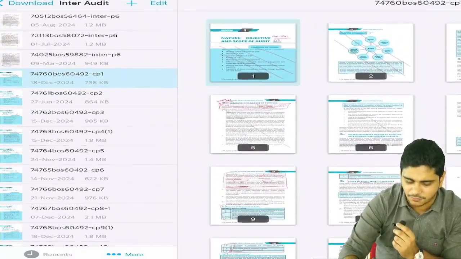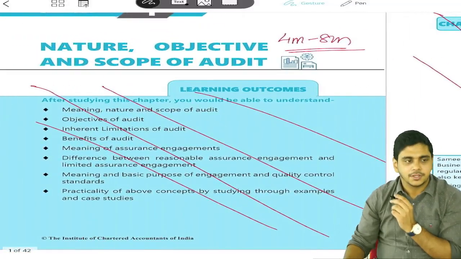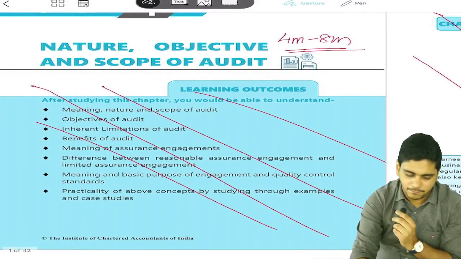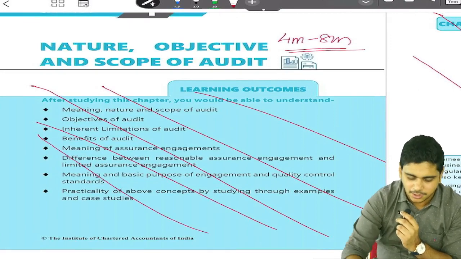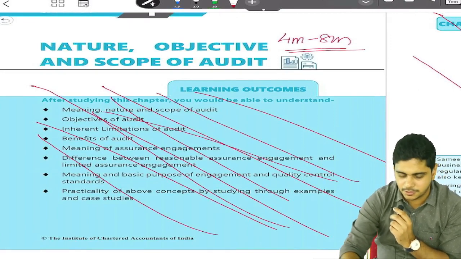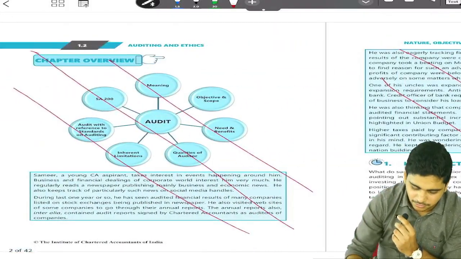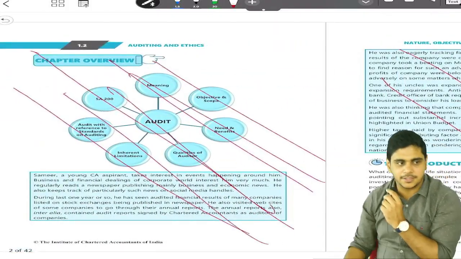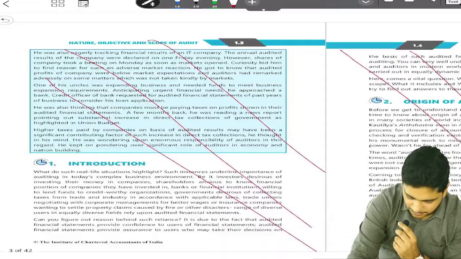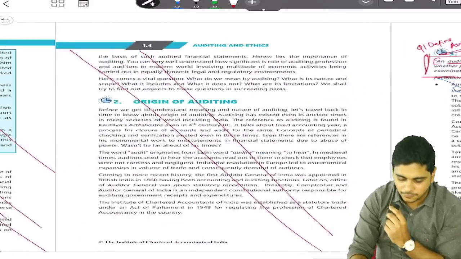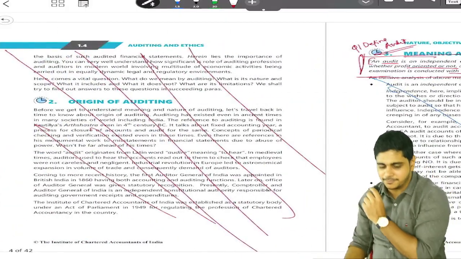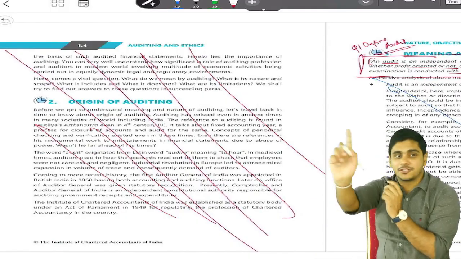That's basics of audit. Now, nature, objective and scope. My first page is basically cut up, cancel. Second page also cut up, third page also, fourth page also. Hey, no, not the full chapter cut up.